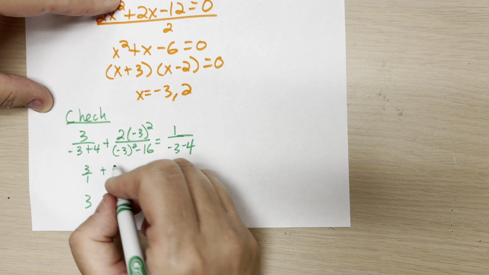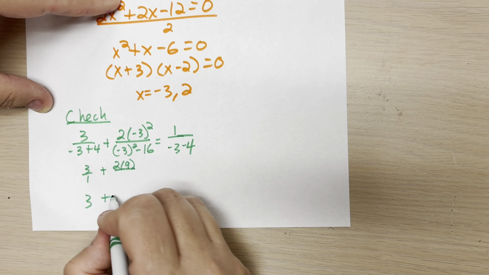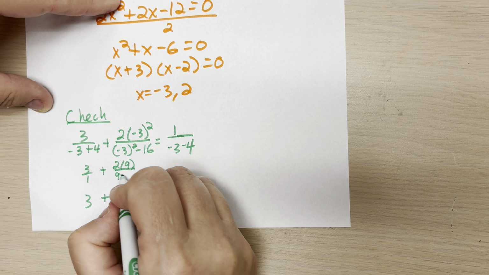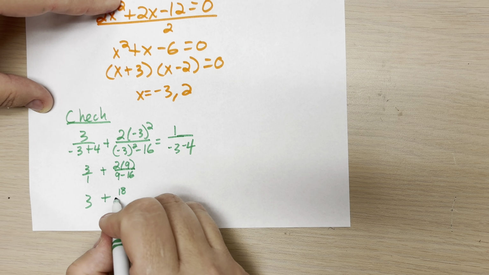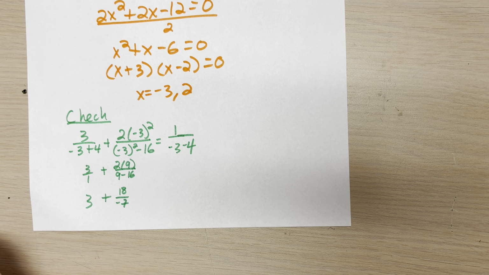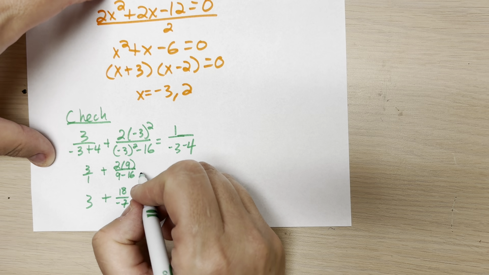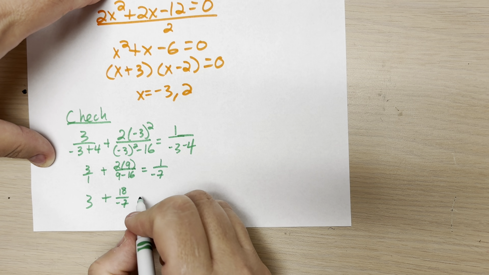That wasn't so bad. 2 times 9, it's going to give me 18 up here. 9 minus 16, is that negative 7? I'm really bad with 9s. Isn't that embarrassing? I have a math degree, but like subtraction with 9s? Yeah, it's negative 7. All right, that equals 1 over negative 7.